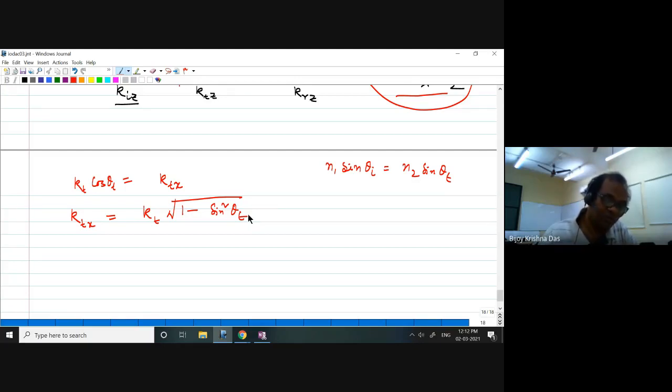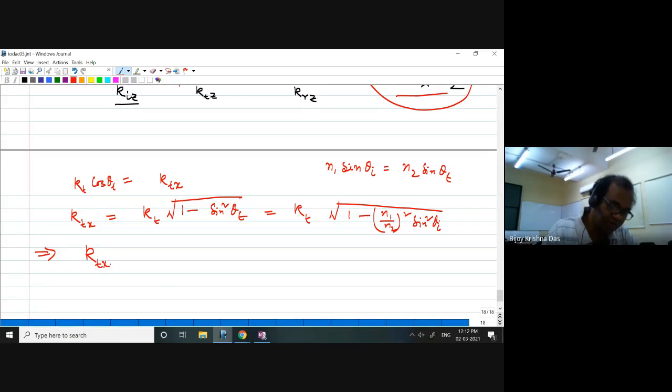So this actually eventually gives you kt times square root of 1 minus (n1 by n2) square sine square theta i, right?